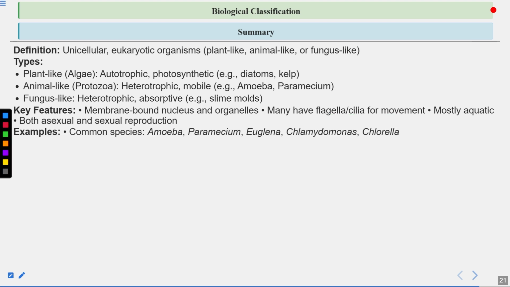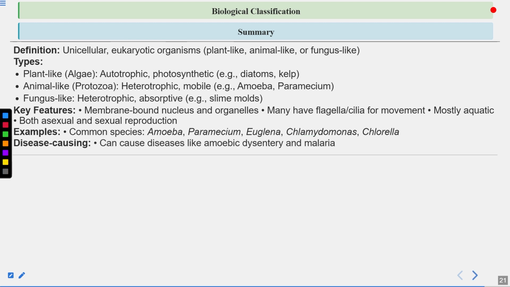Examples: some of the common species are amoeba, paramecium, Euglena, Chlamydomonas, and Chlorella. They can cause disease also. So they can cause diseases like amoebic dysentery, which is caused by Entamoeba histolytica, and they can also cause malaria, which is caused by the Plasmodium, which is a sporozoan.